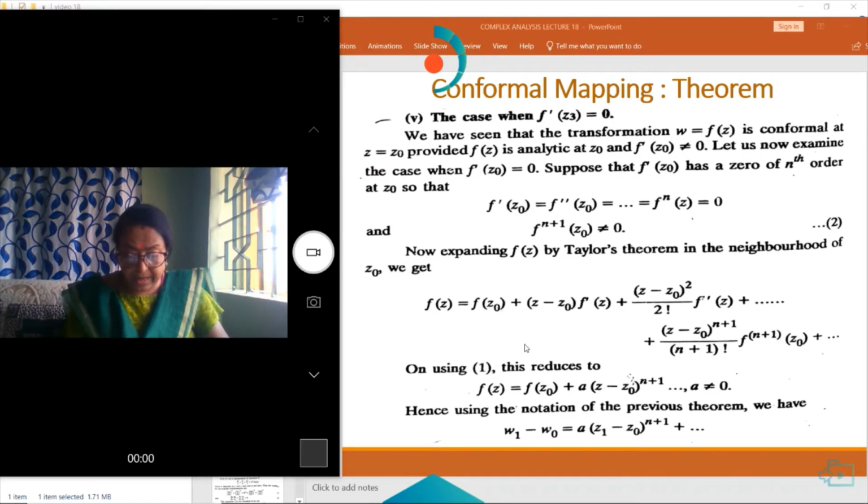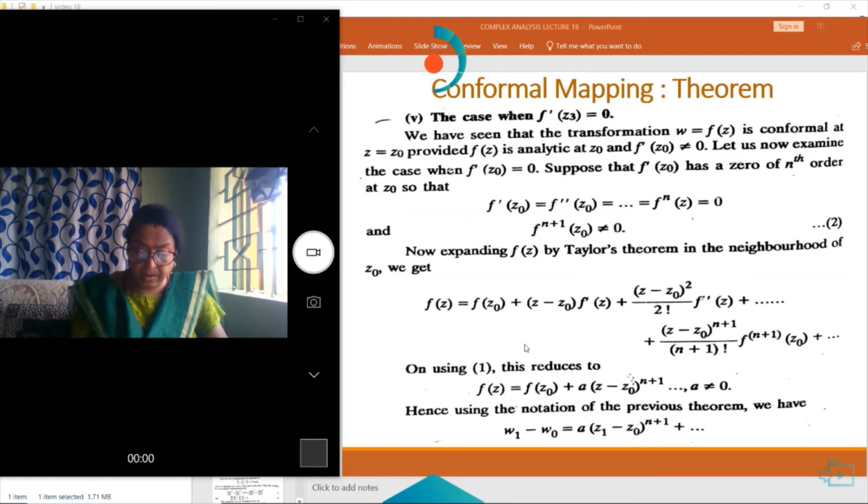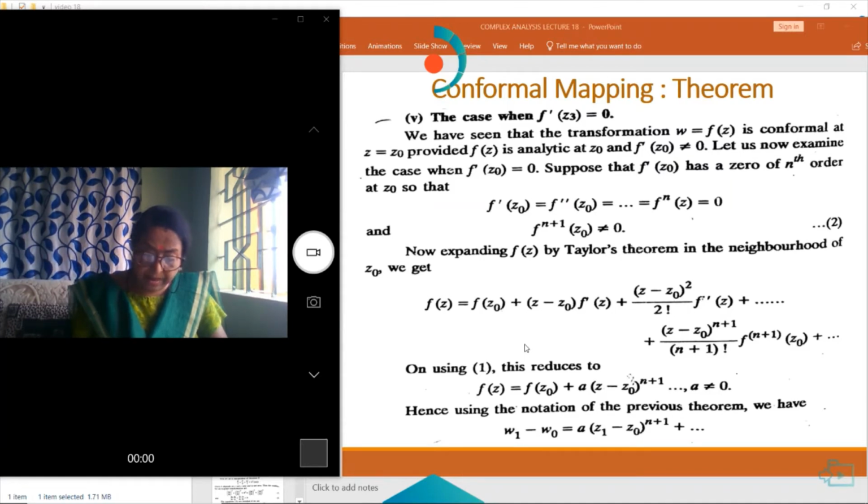Since f' up to f^(n) at z0 are all zero, this can be written as f(z) = f(z0) + a(z - z0)^(n+1), where a is f^(n+1)(z0) divided by (n+1) factorial, and a is not equal to 0.